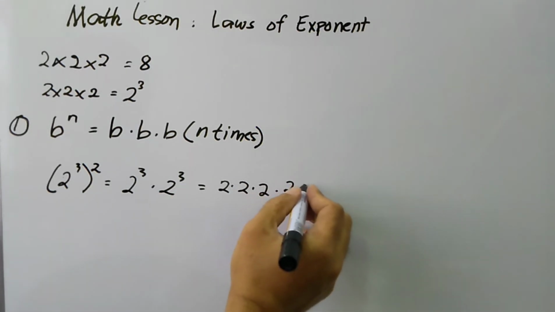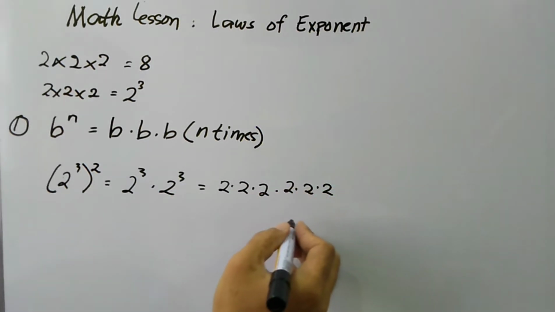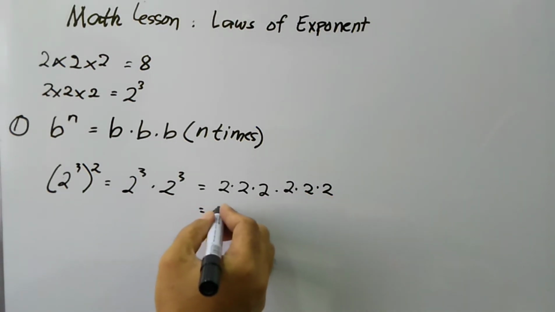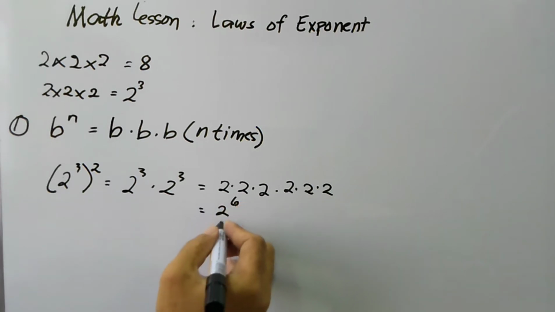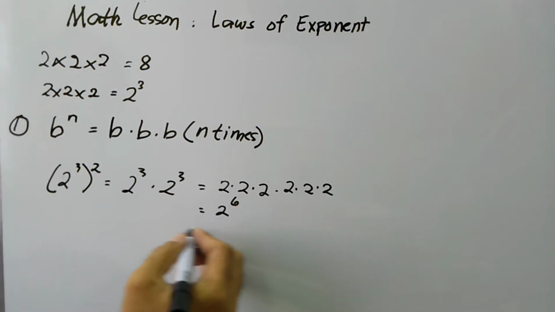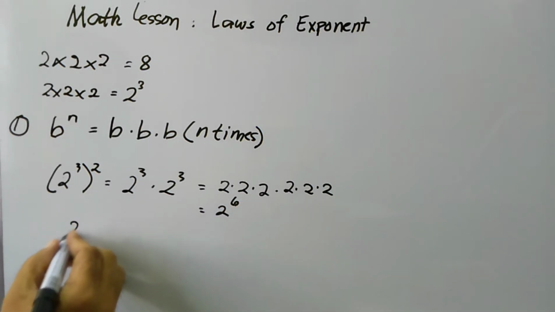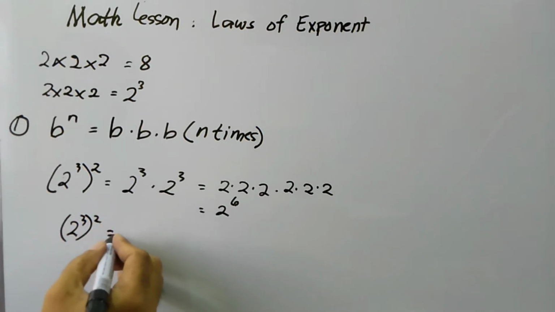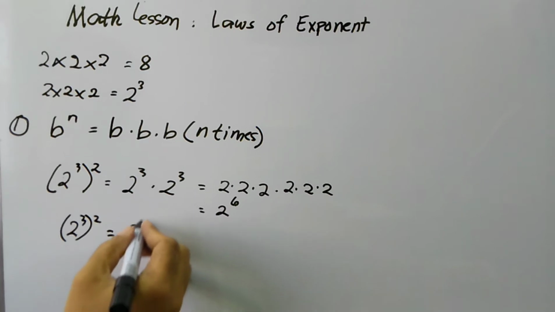We have 2 times 2 times 2. 1 2 3 4 5 6. So the answer here is 2 raised to 6. So in short, if we have 2 cubed squared, that is 2 raised to 6.